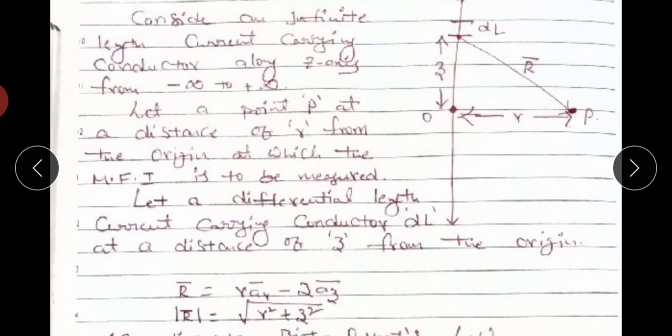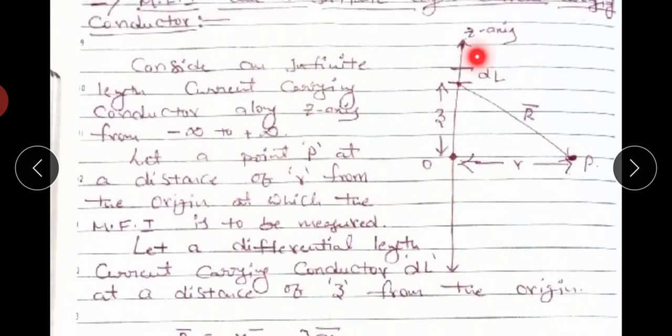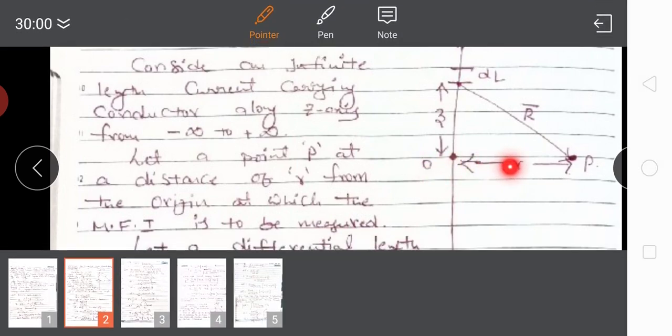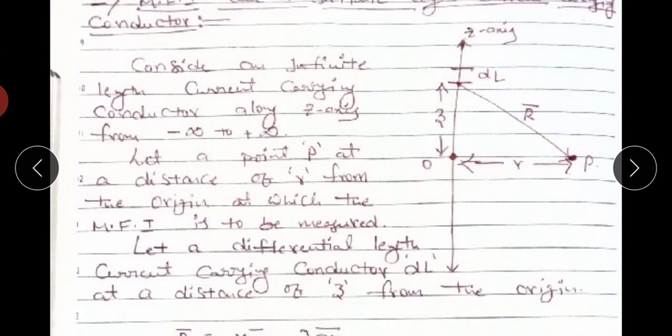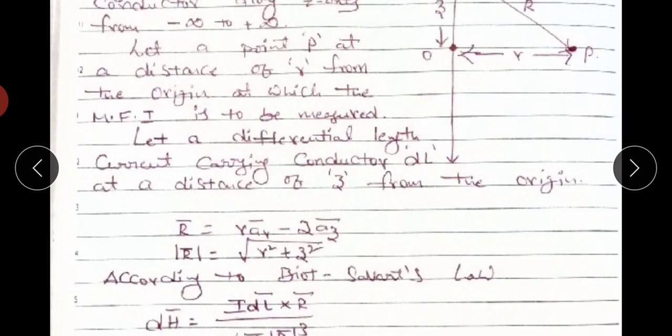Next, the origin to point P vector is r into ar bar. So finally the distance vector r bar equals minus z into az bar plus r into ar bar, or r bar equals r into ar bar minus z into az bar. Next, the magnitude, modulus of r bar, equals square root of r square plus z square.